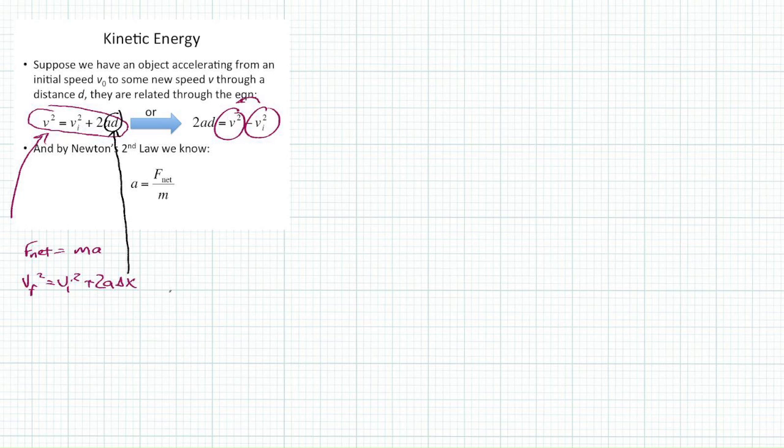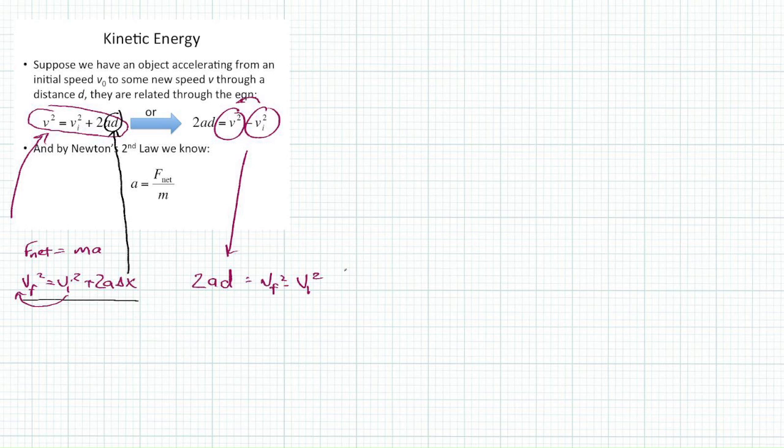Okay, well let's state our velocity, acceleration and displacement equation in terms of acceleration. So 2 times acceleration times, we're going to say d instead of delta x, but you should know that they're essentially the same thing, equals vf squared minus vi squared.